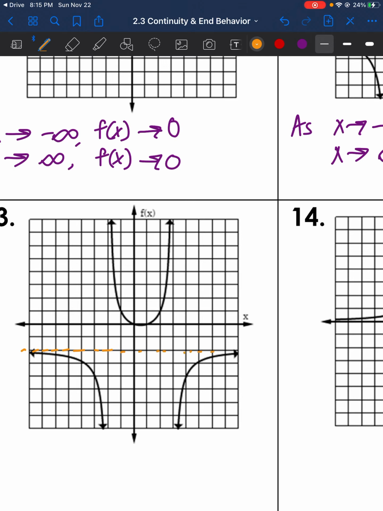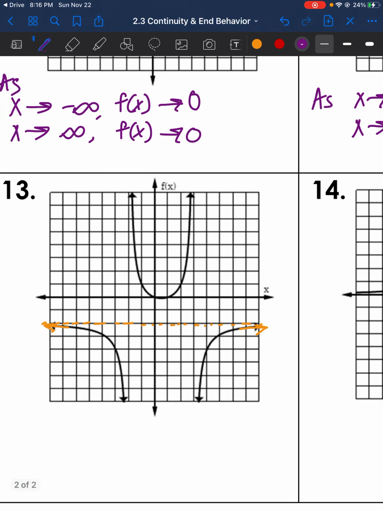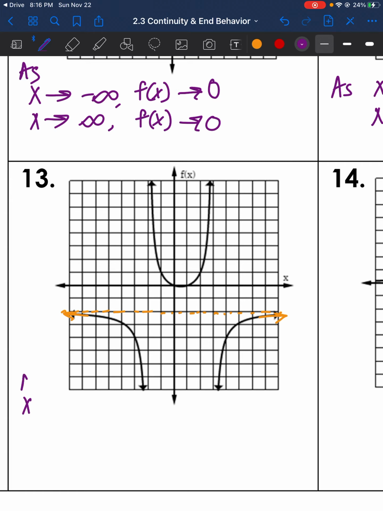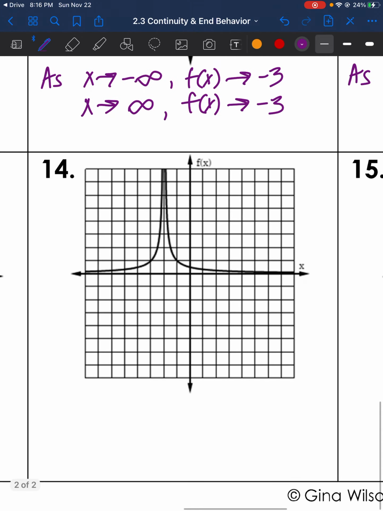Okay, so we have a horizontal asymptote here at y is equal to -2. It looks like our end behavior, we're just going to keep approaching -2 here, which makes it pretty easy. So as x approaches -infinity, f of x is approaching -2, and as x approaches infinity, f of x approaches -2 as well.